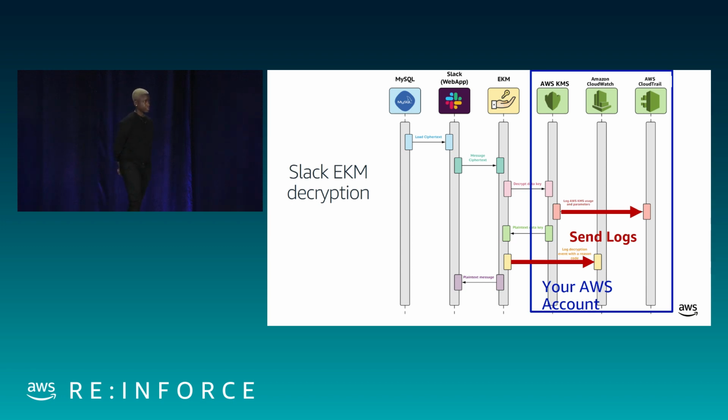We do this because we have the promise of making sure that we send every single log and give as much visibility as we can into what we're doing with the keys. One other thing to note is that the EKM service itself has a 5-minute cache, as I mentioned earlier. So you can think of the logs sent to CloudWatch as a log of all the cache hits and misses, versus the logs from CloudTrail are just the cache misses.